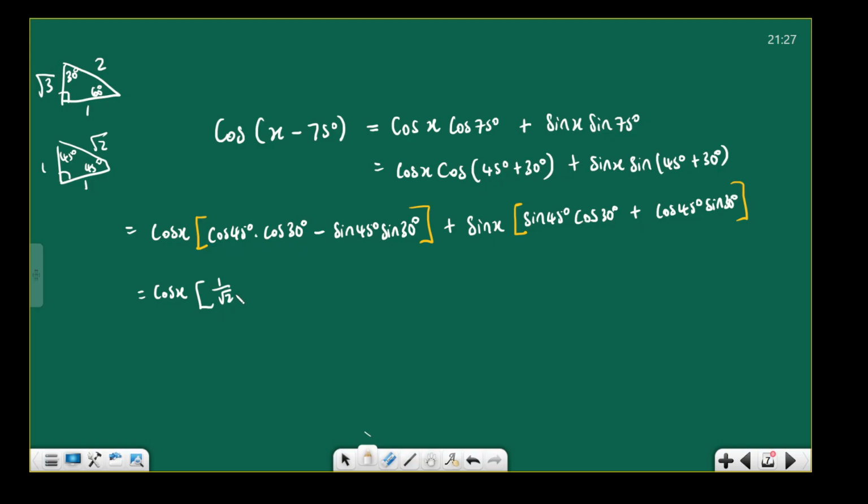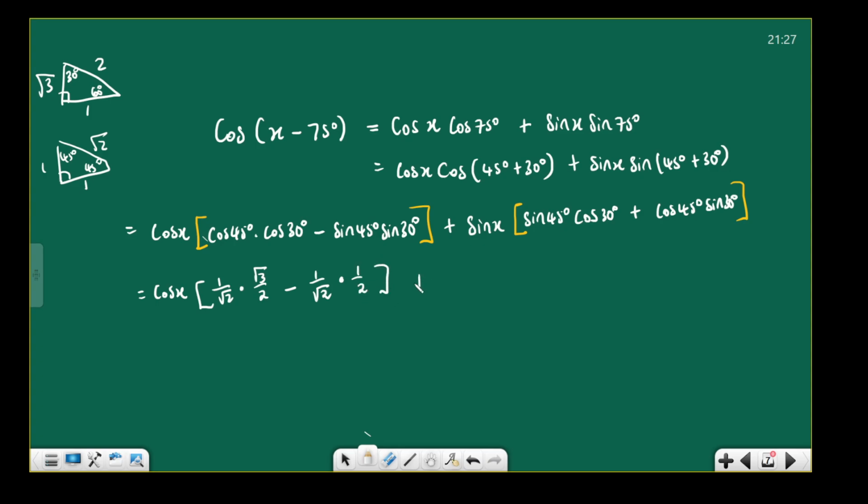Okay, 1 over root 2, while cos 30, cos is adjacent over hypotenuse, so that would be root 3 over 2, right? Then minus sine 45, that would be opposite over hypotenuse, which is 1 over root 2, and then sine 30, that would be 1 over 2.